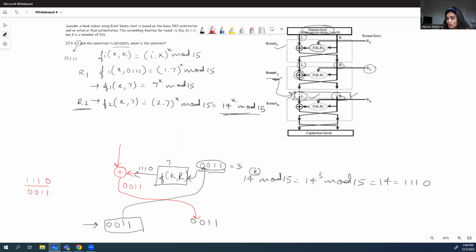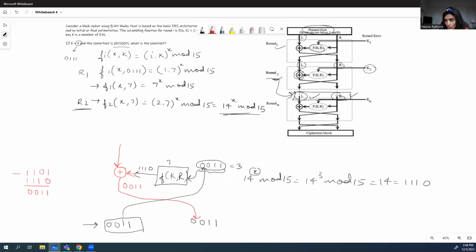What would be the combination that would lead to these bits when it is an XOR operation? 0 XOR what would give us 1? 0 XOR 1 would give us 1. Similarly, 1 XOR 0 will give us 1. 1 XOR 1 will give us 0. 1 XOR 1 will give us 0.